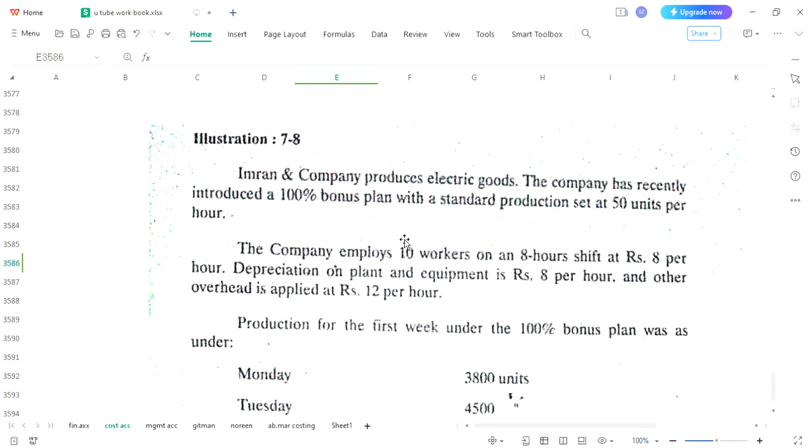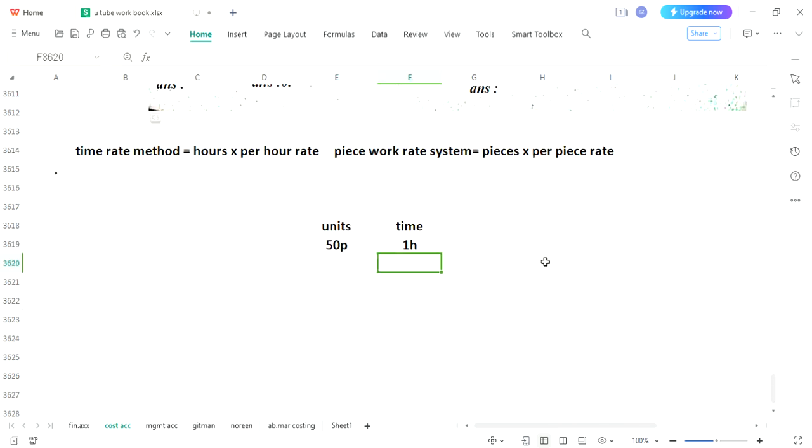Please note it down. There are 10 workers, and they are working for 8 hours. Now we will see how many units should be produced in 8 hours. But keep in mind, it is standard production for a single worker only. Cross multiply: X is multiplied with 1, and on the opposite side 8 is multiplied with 50.